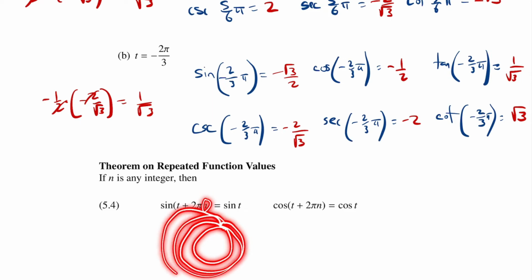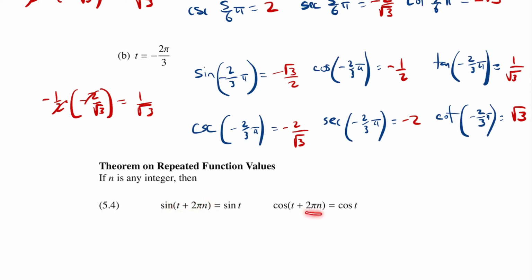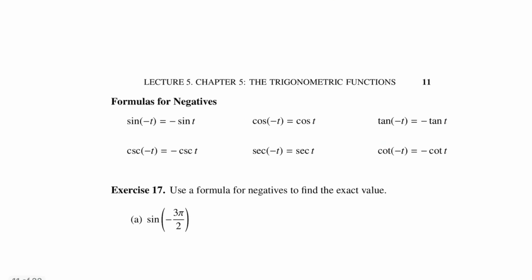Same applies for cosine. Then we got formulas for negative functions. So sine is referred to as odd because if you take the sine of a negative angle, that's equivalent to the negative sine of the positive value. Cosine is referred to as even because when you take the cosine of a negative angle, that's equal to the cosine of the positive angle.